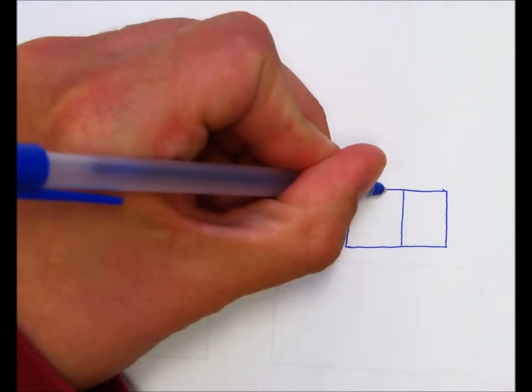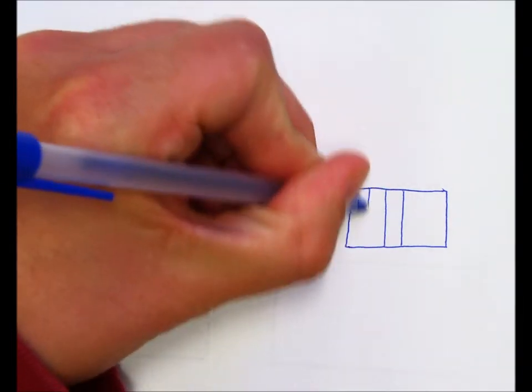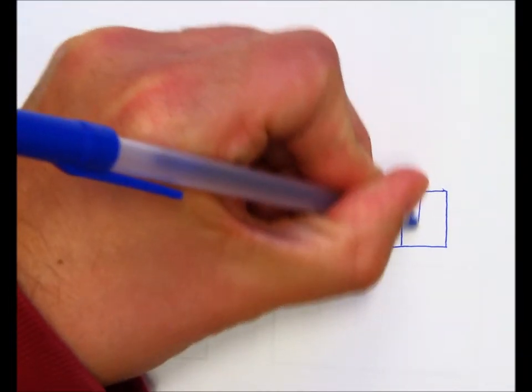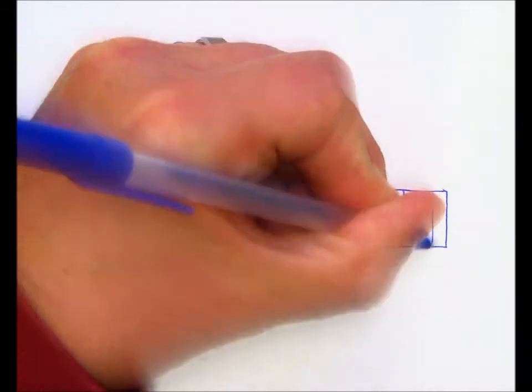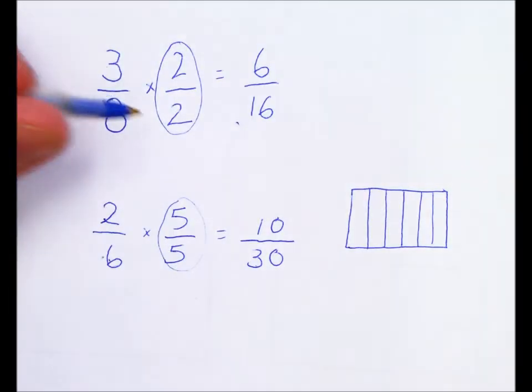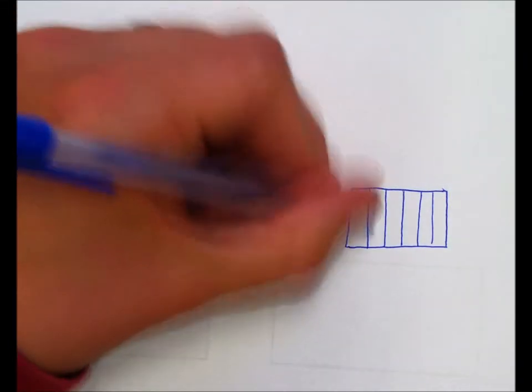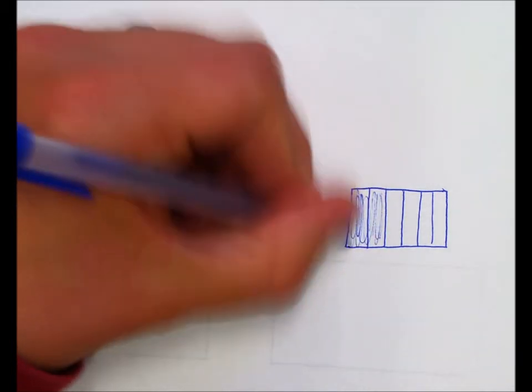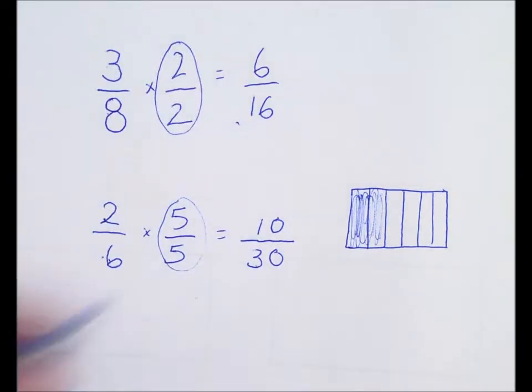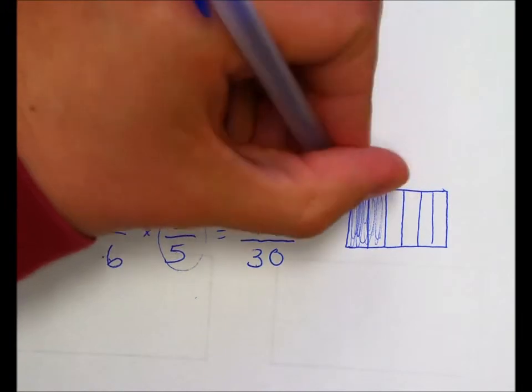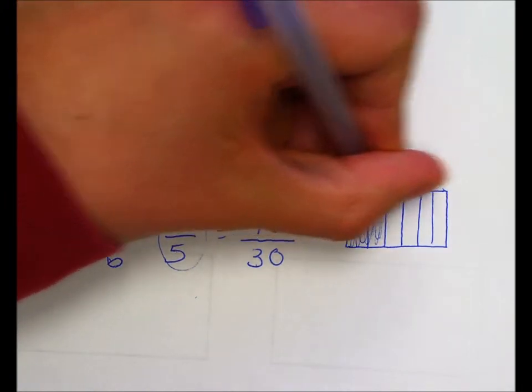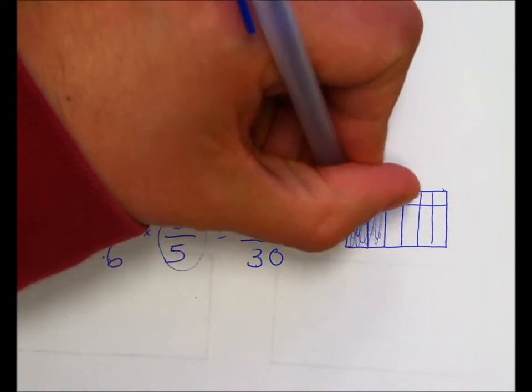So if I originally have something divided into 6 equal pieces, okay, and I have 2 of them colored in. Okay, what I'm doing when I do this is I'm just carving this up with the 5 equally sized rows.